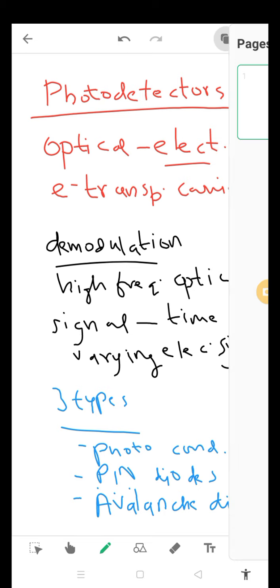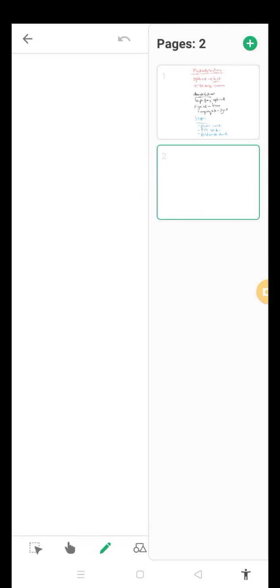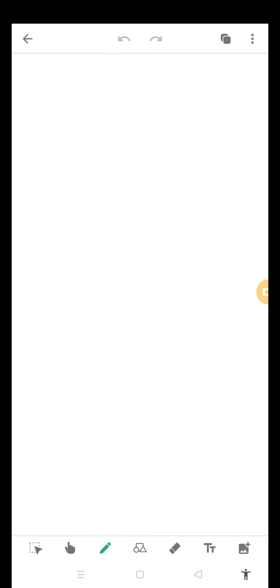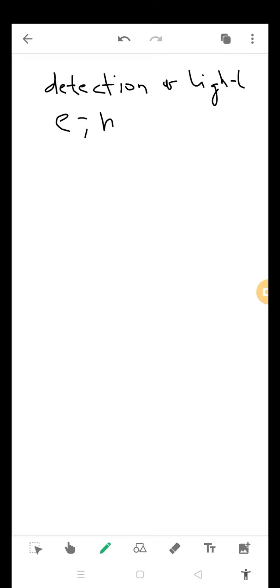Now the mechanism of photoconduction consists of detection of light by electron and hole generation.